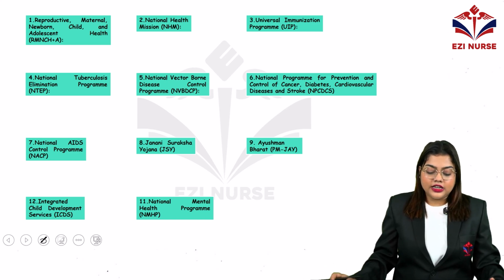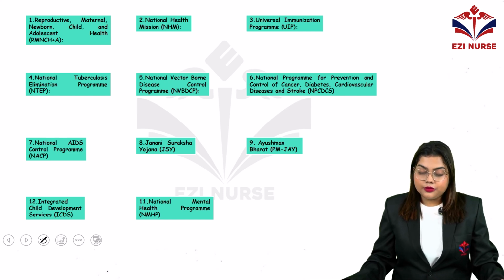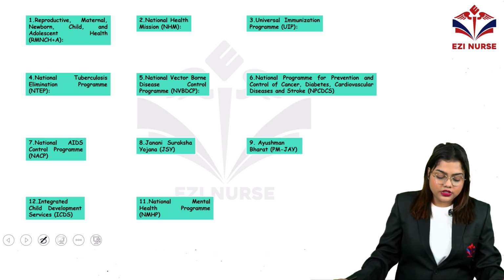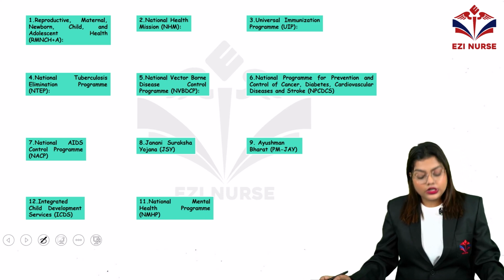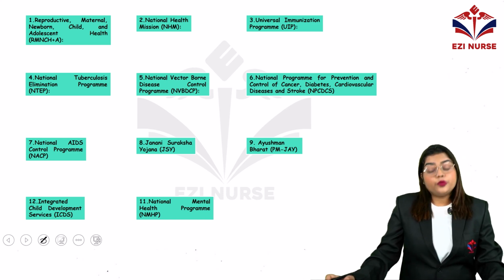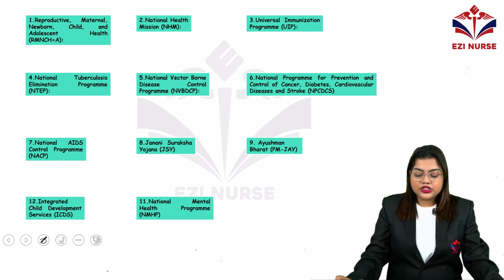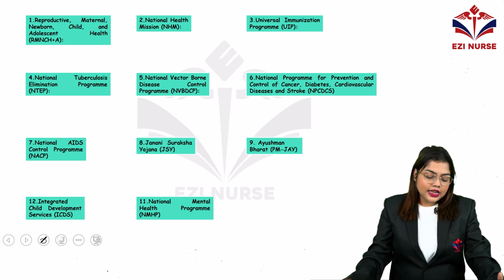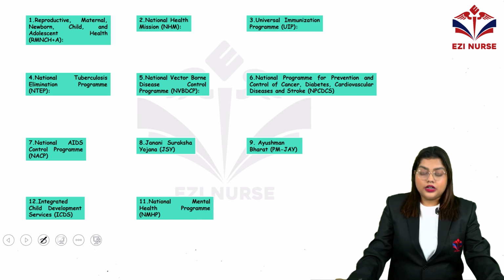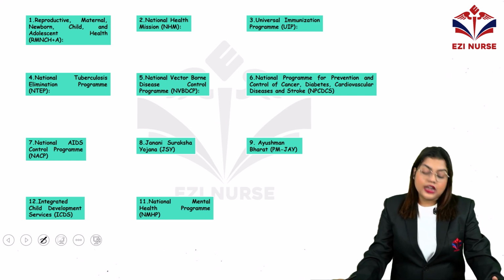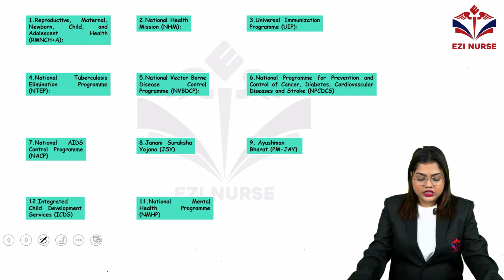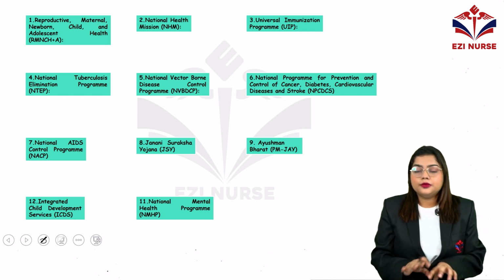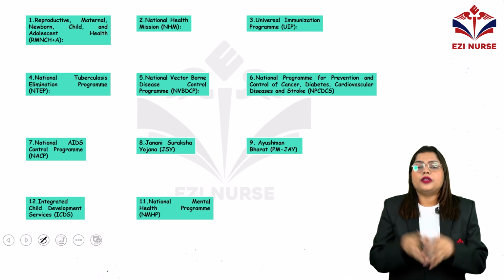Then we have the National Health Mission, Universal Immunization Program, National Tuberculosis Elimination Program, National Vector-Borne Disease Control Program, and national programs for prevention and control of cancer, diabetes, cardiovascular disease, and stroke, which are mostly non-communicable diseases. Then the National AIDS Control Program, Janani Suraksha Yojana, Ayushman Bharat Yojana, Integrated Child Development Services, and the National Mental Health Program. So these are the main national health programs present in India.